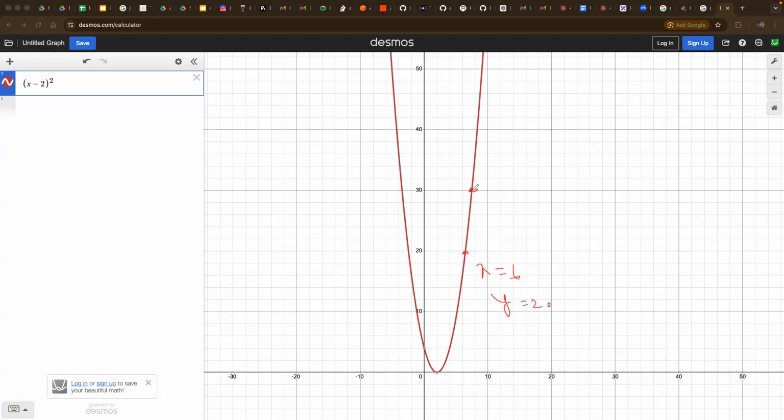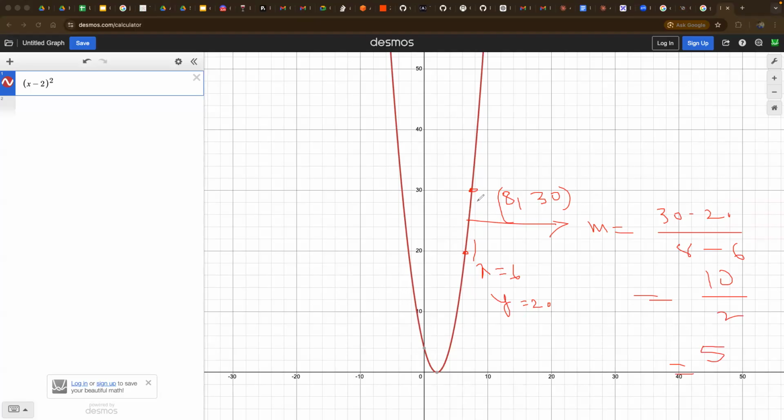And for this data point, I am considering x as 8 and y as 30. So here, somewhere in between these points, how do we calculate the slope? M equal to 30 minus 20 divided by 8 minus 6, right? So 10 by 2, that is 5.